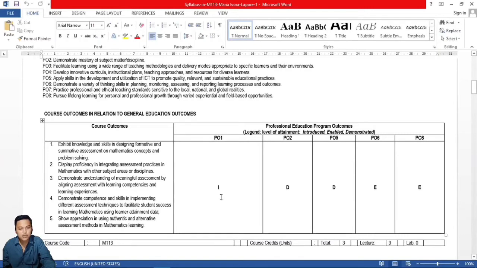Yes, you can see if the course outcome is aligned with the program learning outcome, down to the competency or the intensity skill. It is the indicator of the level of attainment, or what is expected of the student at the end of the program or the course.